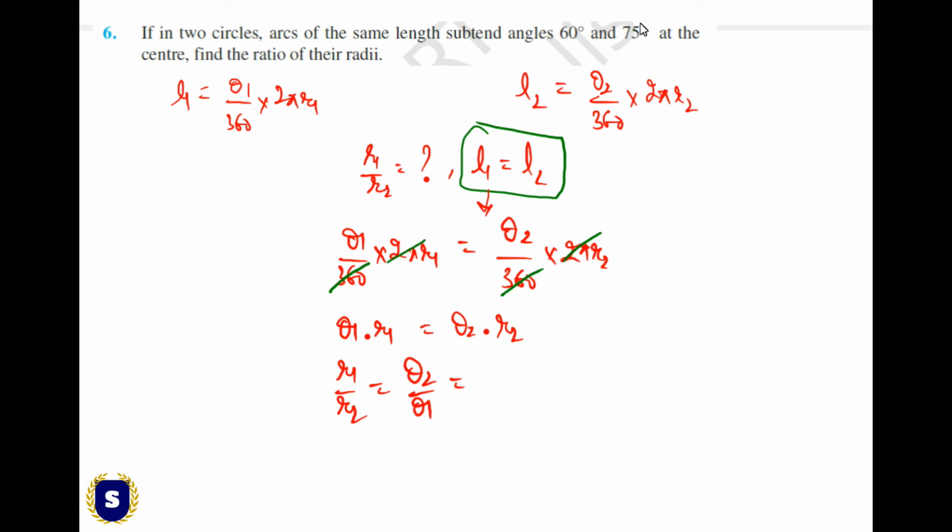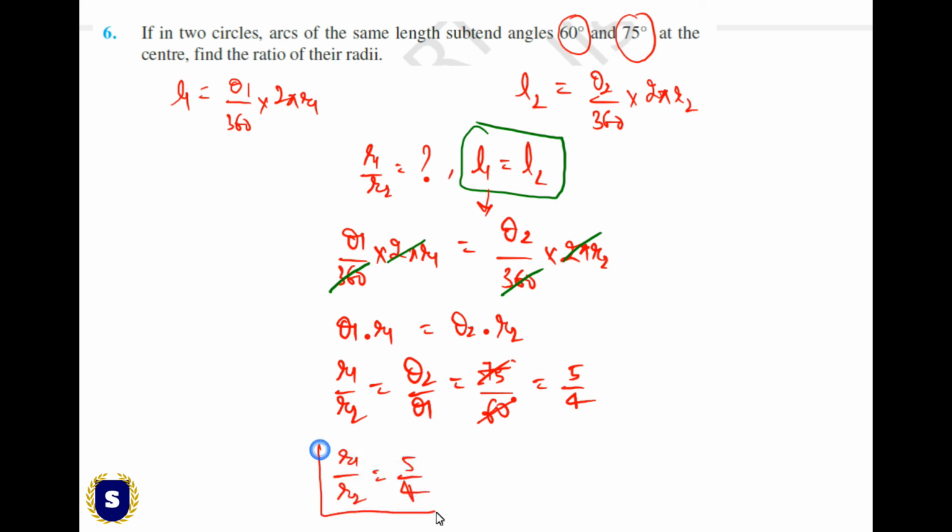This is 75 degree and this is 60 degree. Cutting both with 15, we will get 5 upon 4. So the required ratio of r1 by r2 is equal to 5 by 4.